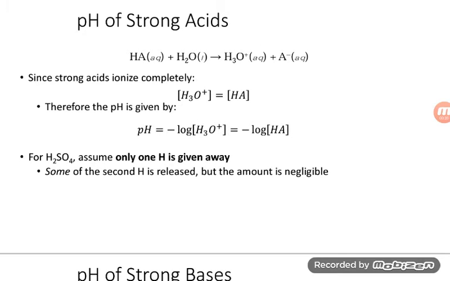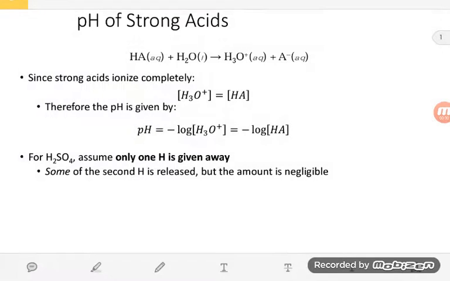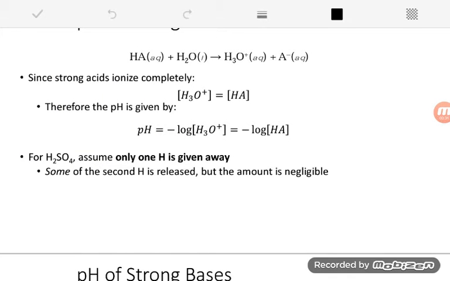So we see, let me get my pen out. In this first equation, HA just stands for generic acid, doesn't matter. And we know it's a strong acid because we have this forward arrow here. My strong acid is going to donate its hydrogen to produce H3O+ and A-.